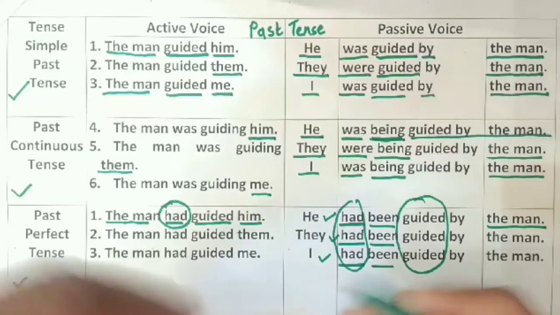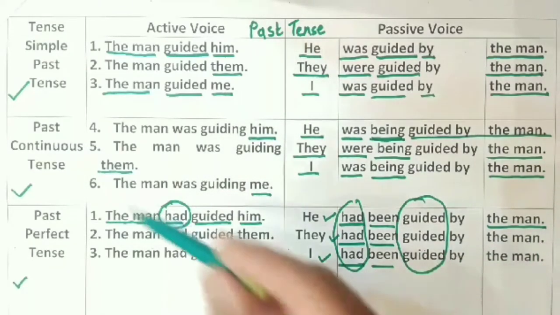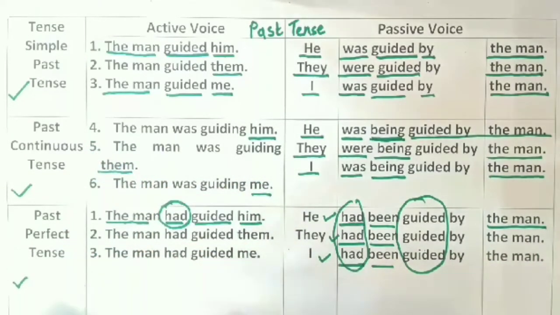So this is the difference between past continuous tense and past perfect tense, and also the difference between present perfect tense and past perfect tense. The difference between present perfect tense and past perfect tense lies only in the form of the helping verb.